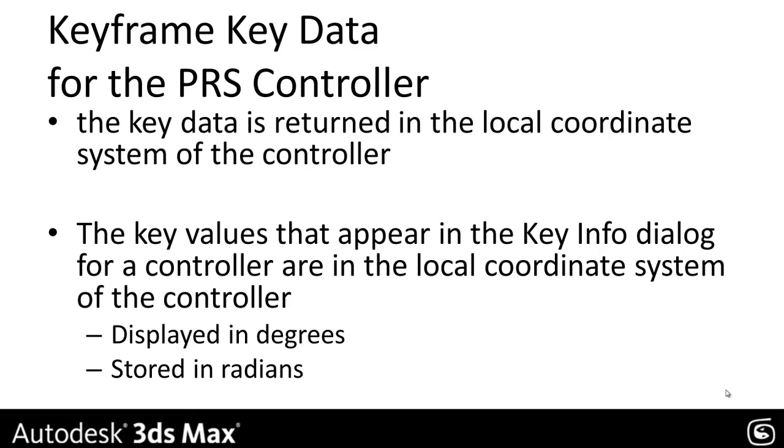So both the data and the way it's shown in the Key Info dialog are the same. The only difference is we display rotation in degrees, but we store it in radians. And that's kind of a typical thing with 3D apps.